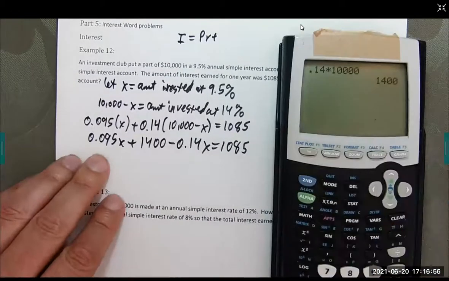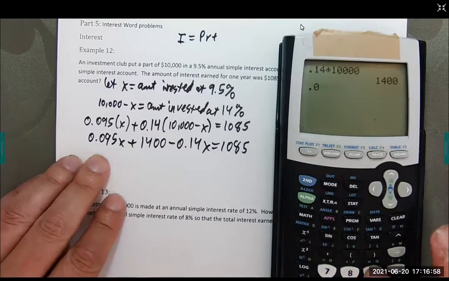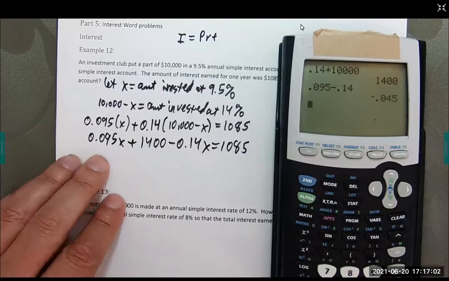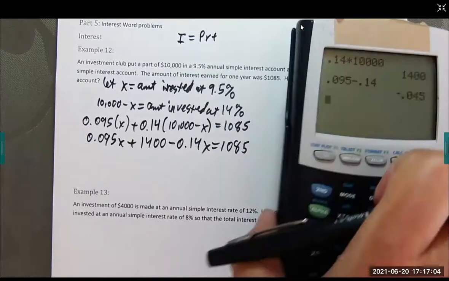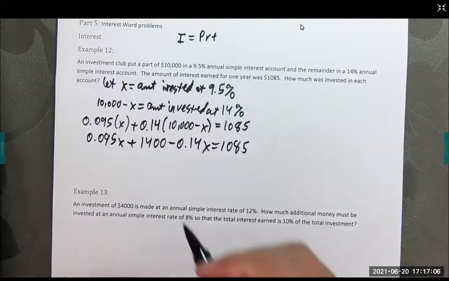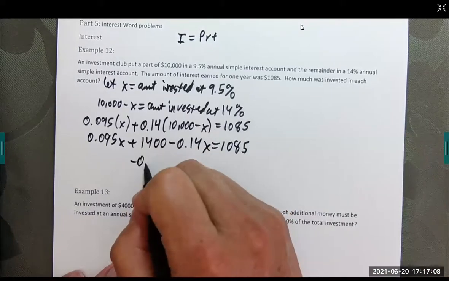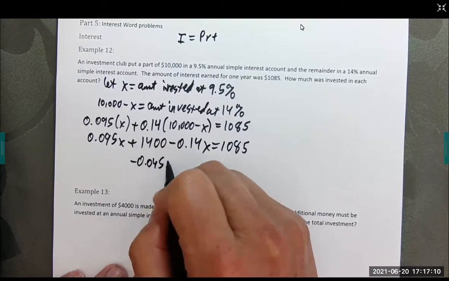I'm going to combine these up. So 0.095 minus 0.14 is negative 0.045x.